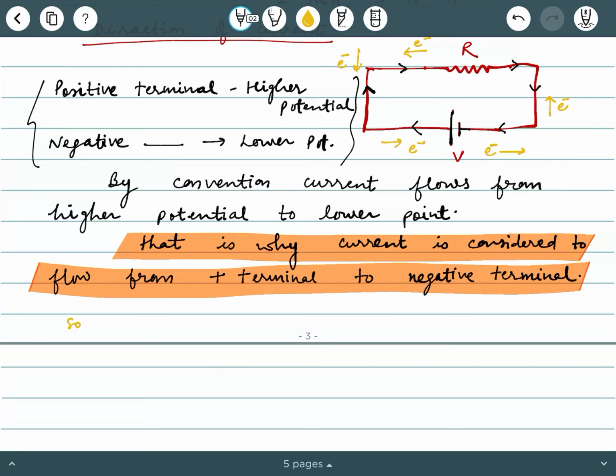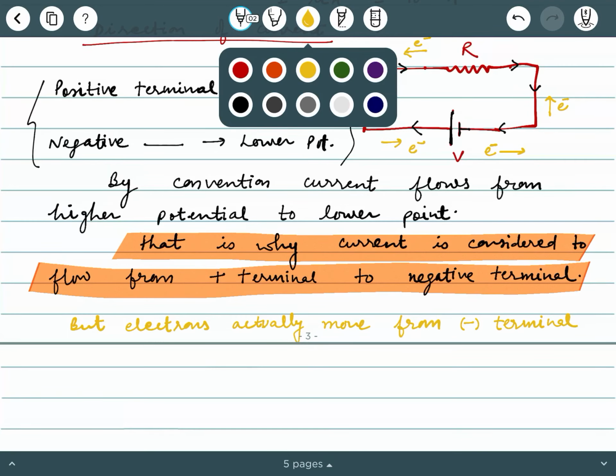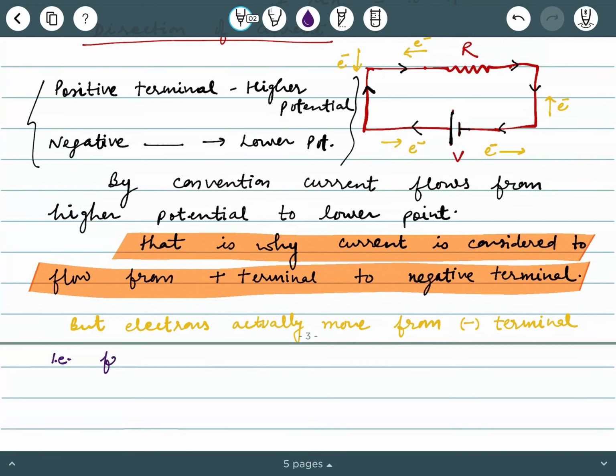But electrons actually move from the negative terminal, that is from lower potential to higher potential, fine.